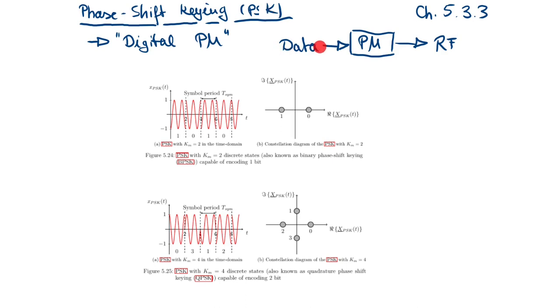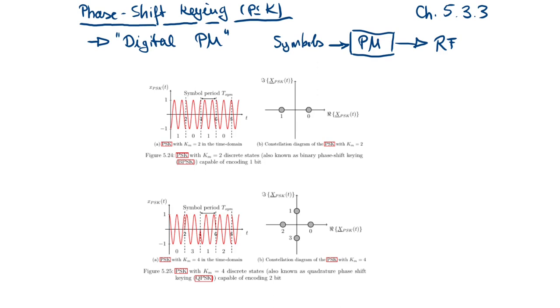Here again, we get a symbol stream. Oh, it's not the data, of course, that are symbols. And this is given to a digital phase modulator, and we get the radio frequency signal.